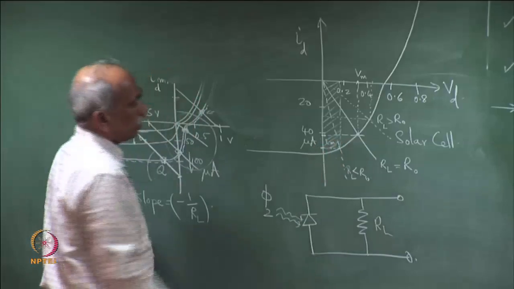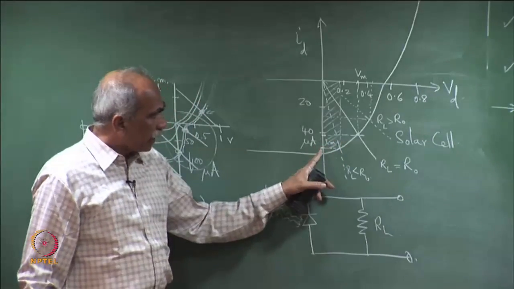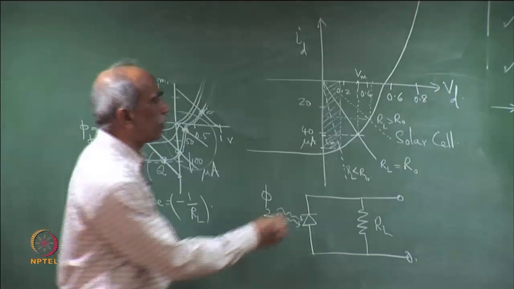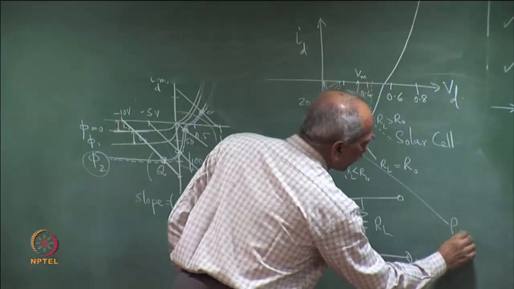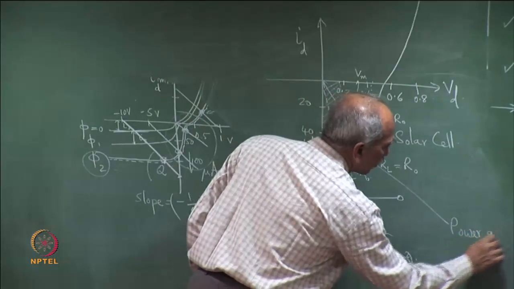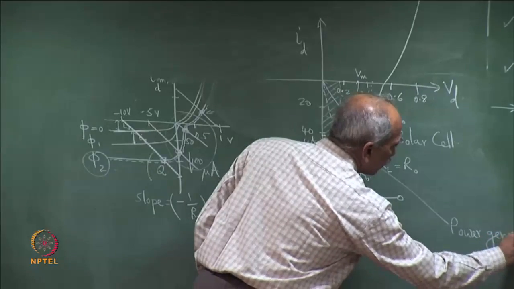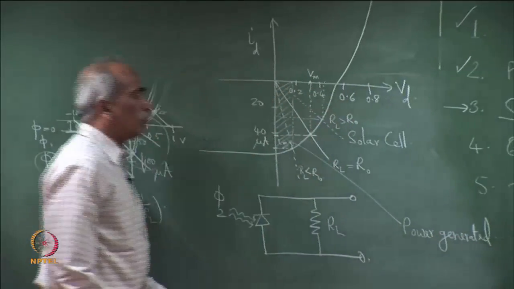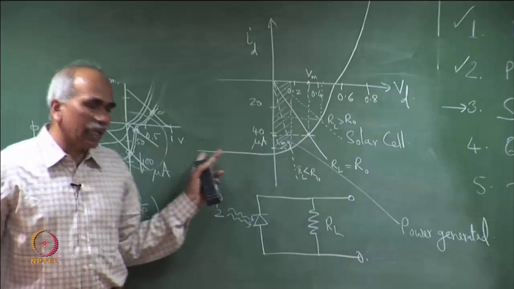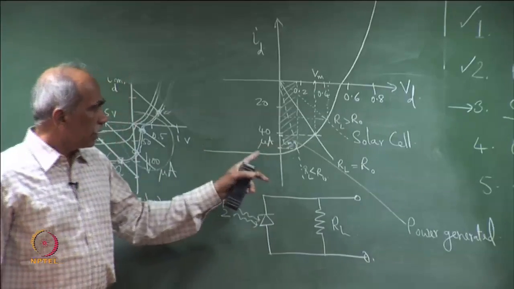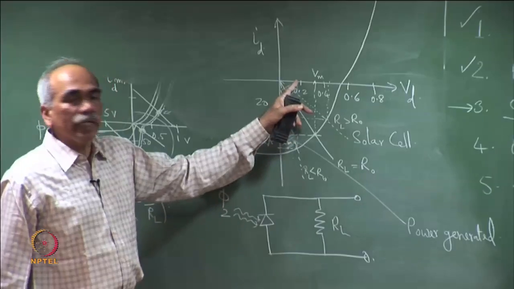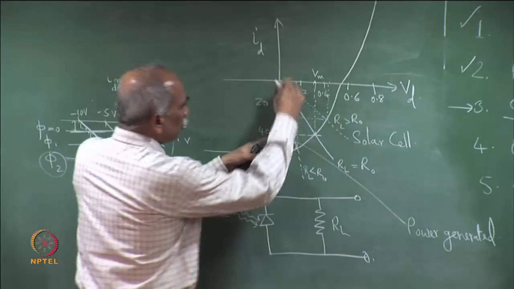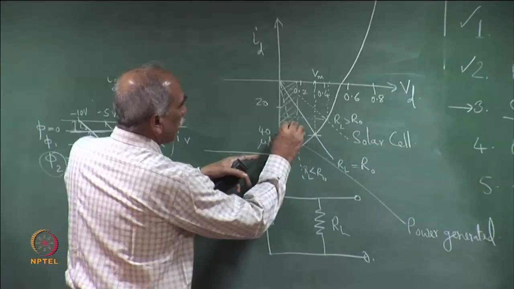The area of the rectangle, that is the current I into the voltage, gives us the power generated. The electrical power generated because of the incident photon flux is given by the area of this, that is I into V. If I choose this as the R L, then the area would be this.